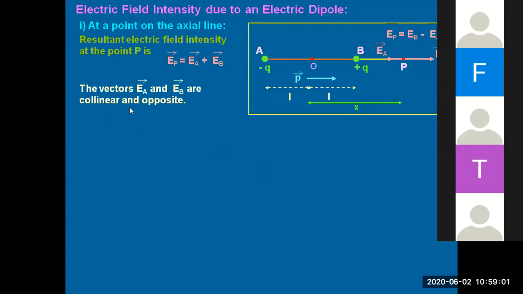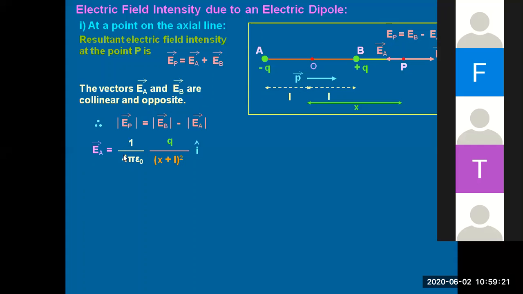So the vectors are collinear and opposite. Collinear means they are in a straight line, and they are opposite in direction. Hence, your total field will be EB minus EA. In the previous derivation it was E1 minus E2. So you can write the formula.